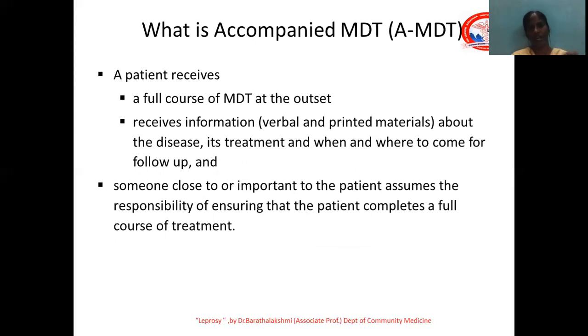At the time of diagnosis itself, the complete multi-drug therapy course will be handed over to the health center. And he is supposed to receive the information about the disease, treatment, the drugs, and when to come for follow-up, everything. Also, someone who is close or important to the patient, maybe a family member or a neighbor, assumes the responsibility of ensuring that the patient completes the full course of treatment.